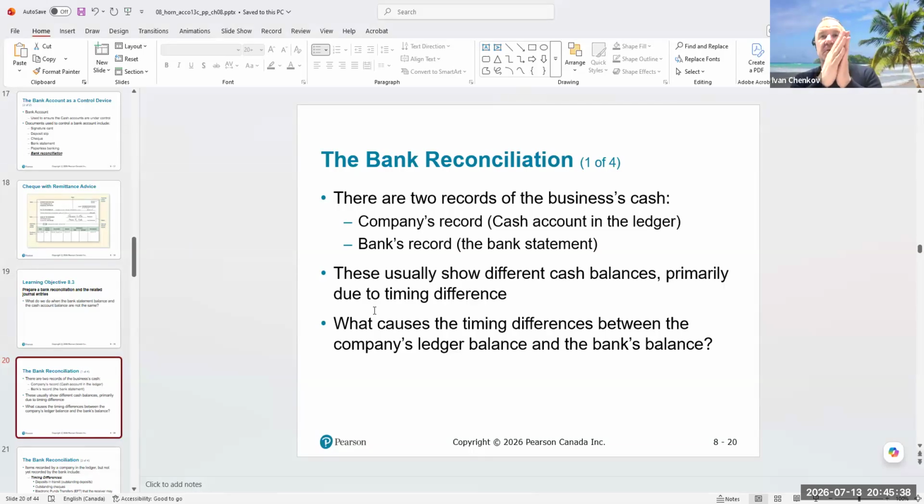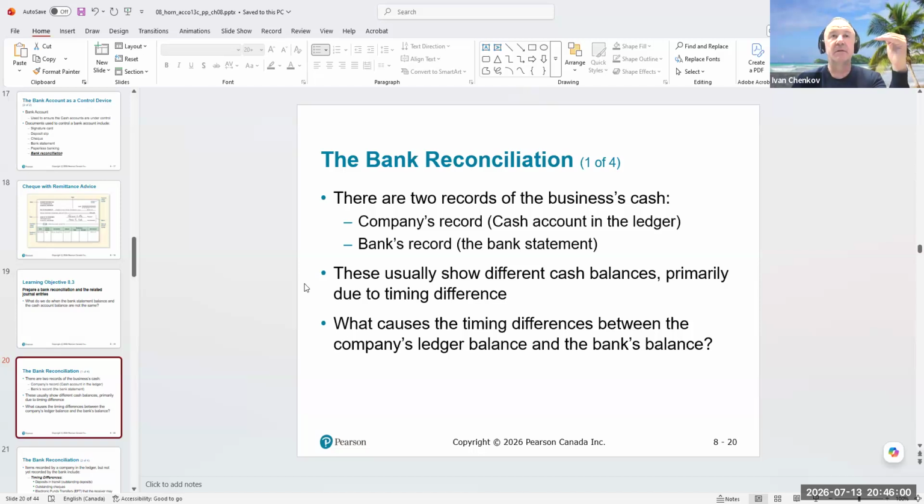The company keeps all the transactions in accounting software. The bank keeps all money coming in and going out on the bank statement. At the end of the month, we get the accounting records and the bank statement and we compare them and see the differences.